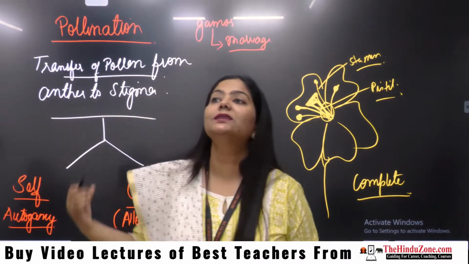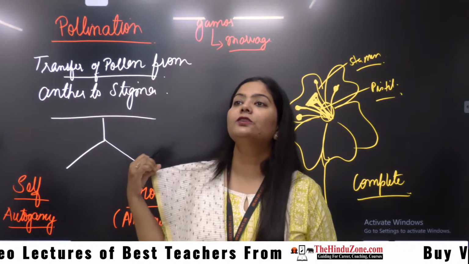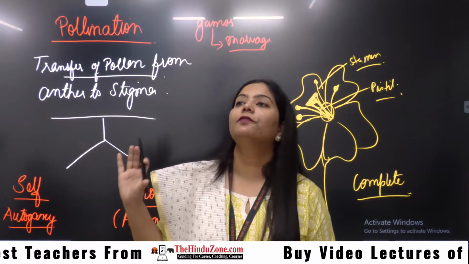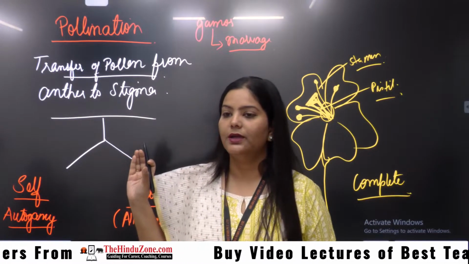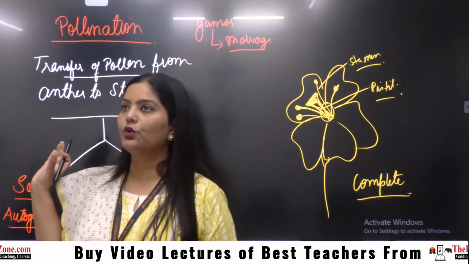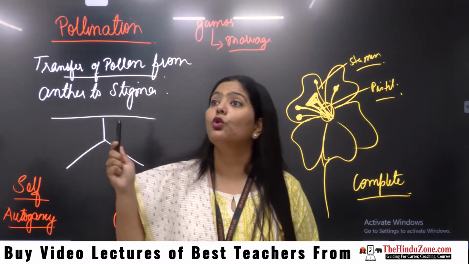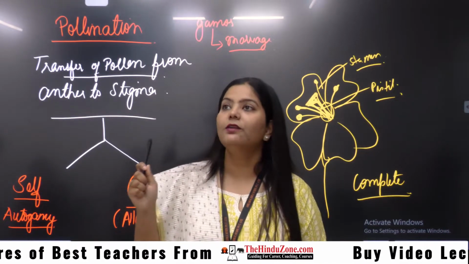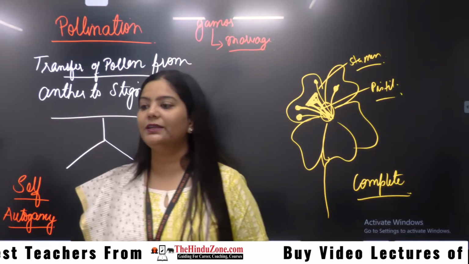So only this type of flower can show technically true self-pollination. Right? Only this type of flower can go for autogamy, but it is not always necessary that these flowers always move with autogamy. Okay? We will learn that later, at later stages.